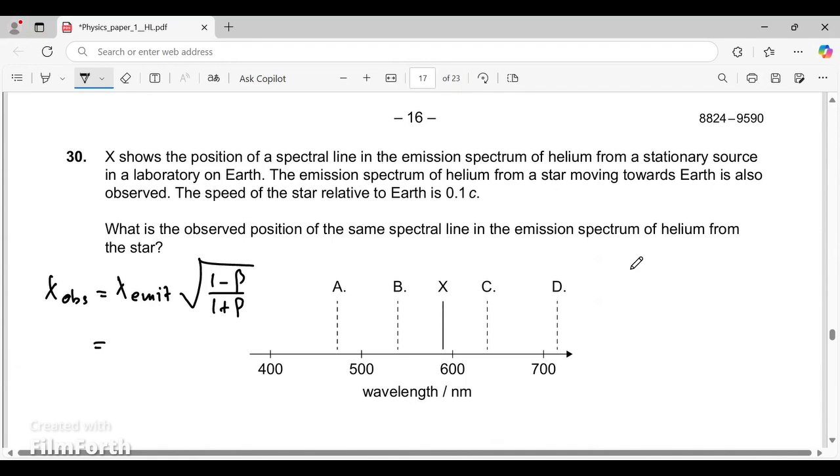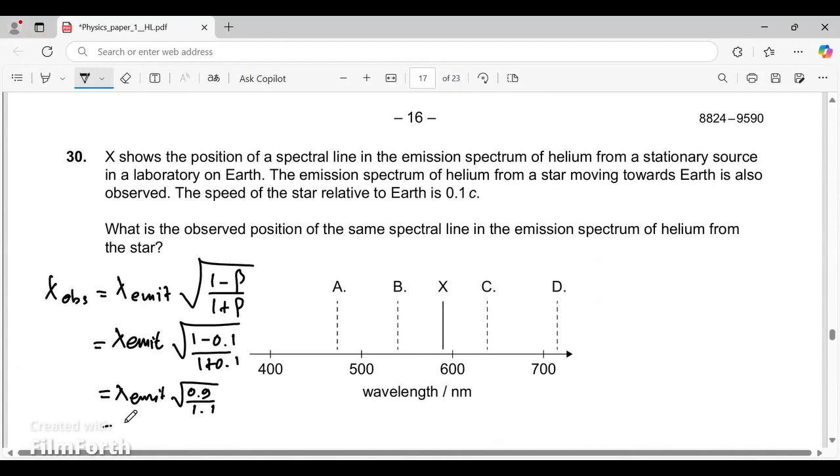If you substitute this information, it's going to be lambda emitted times square root of (1 minus 0.1) over (1 plus 0.1). So it's going to be lambda emitted square root of 0.9 over 1.1.